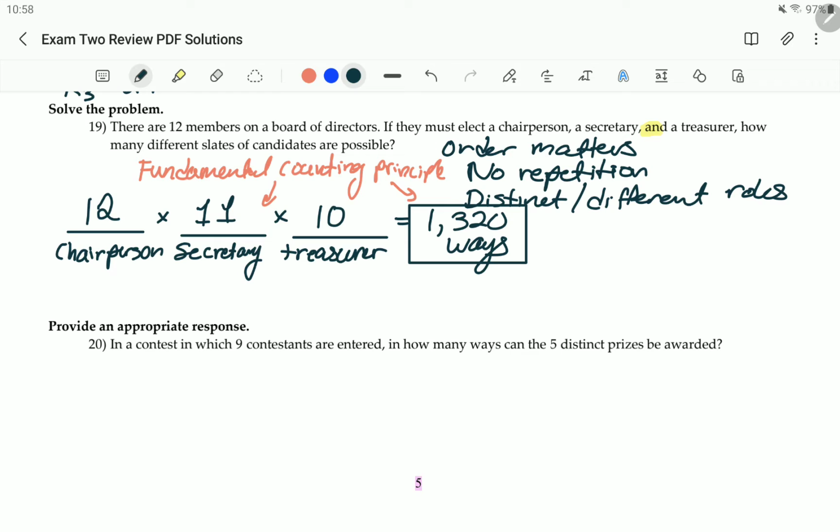Let's actually solve this by using a permutation. The order matters, there's no repetition, and there are distinct and different roles. We have a total of 12 candidates. So n is how many you have, 12 candidates. r is how many you're choosing, and we need 3 roles, so we're choosing 3 candidates.